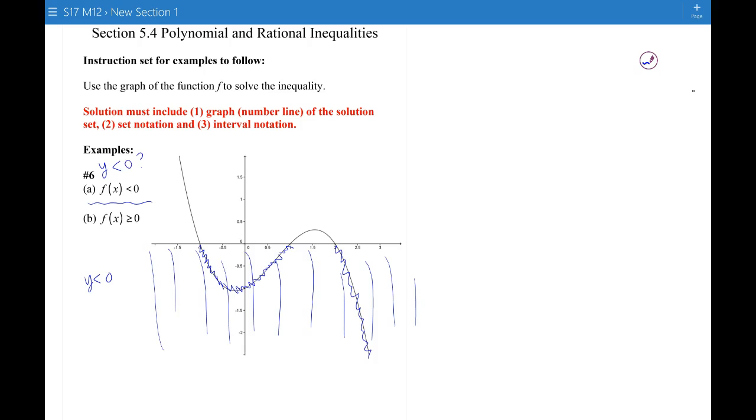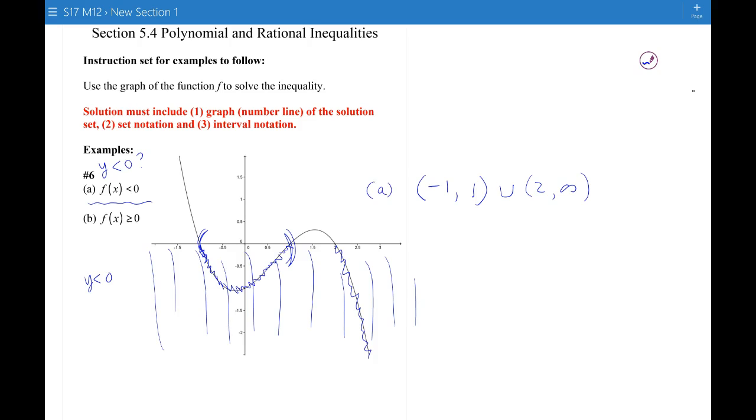But what we're asking when we say solve the inequality is where are the x values that this happens. So it happens from -1 up to 1, not including the endpoints, because it is 0 there, not strictly less than 0. And then it looks like from 2 on up, you get negative y values.